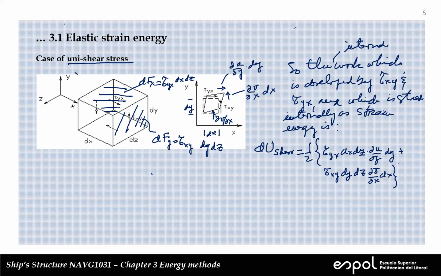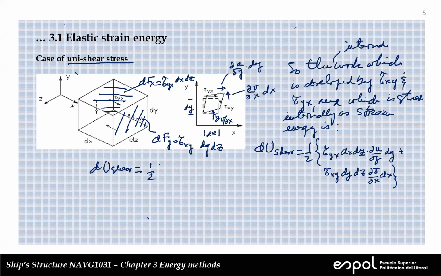Okay, so we can say that in case of shear, pure shear, remember in the previous case we had only one normal stress, now we have only one shear stress. So we can say that dU for pure shear is equal to 1/2. And you recognize from solid mechanics that tau yx is equal to tau xy.